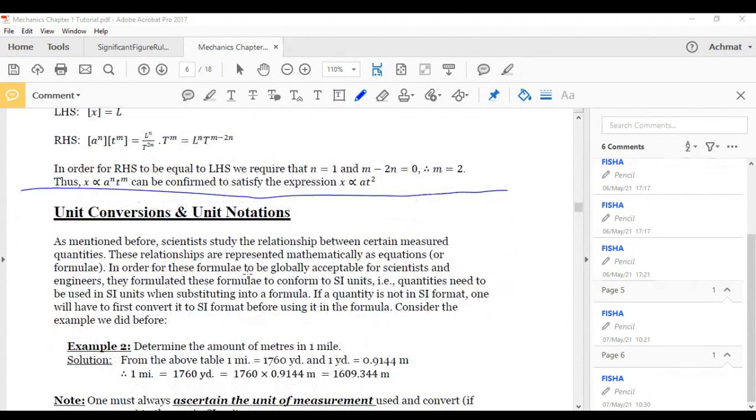What are we talking about? Okay. We say here, these scientists, they want to establish what the relationship is between certain quantities.